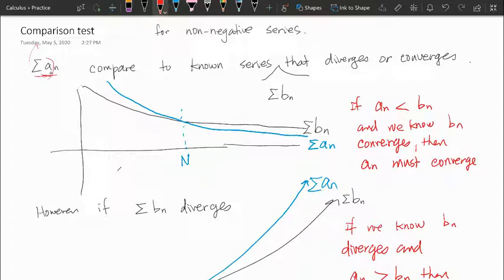when n gets very, very large, then what we're saying is, and this is the visual representation that really helps me, that if we have a known series that converges, and we're talking about a non-negative series, it squeezes and goes towards 0 or some limit.